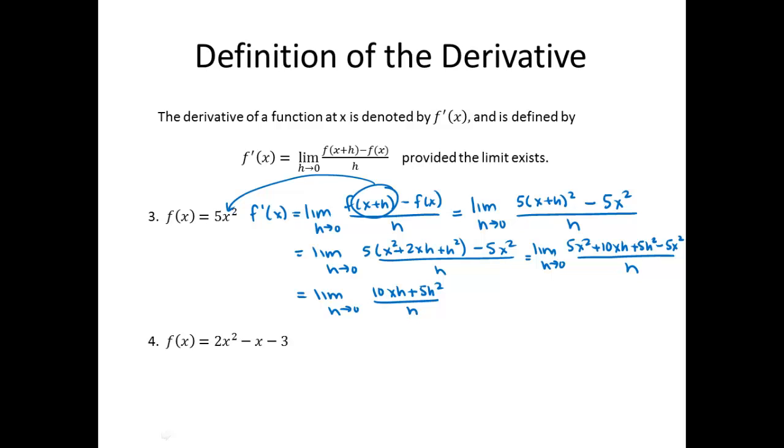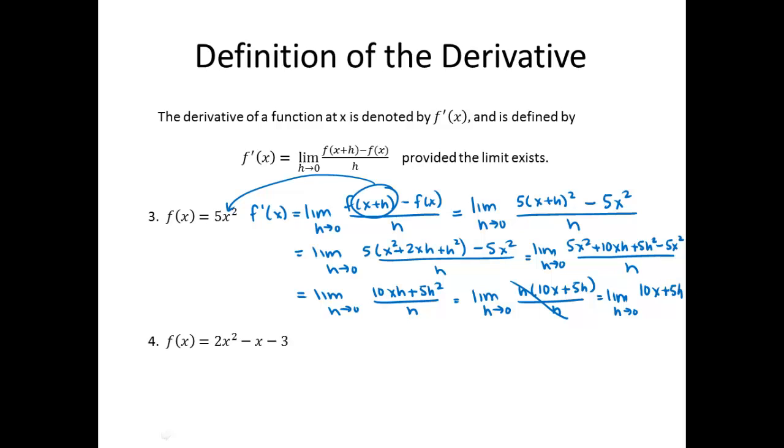I'm at the point where I say, I can't put in h equals 0, so I have to factor out the h in the numerator. H comes out, 10x plus 5h all over h. My h's cancel. The limit as h goes to 0 of 10x plus 5h.